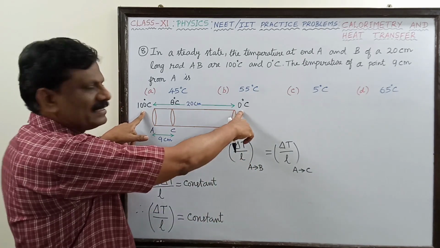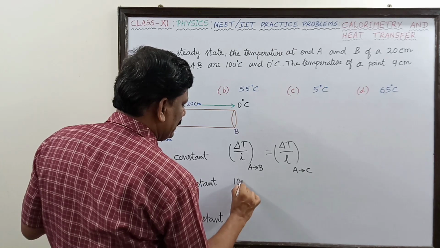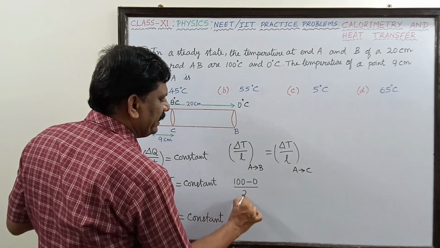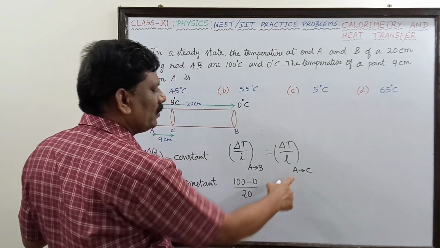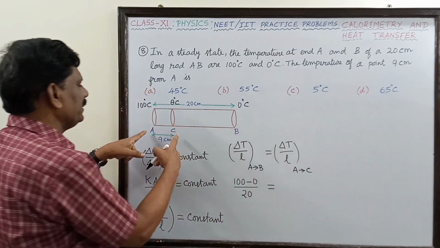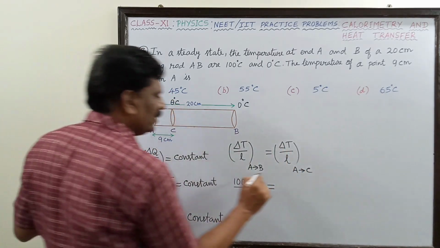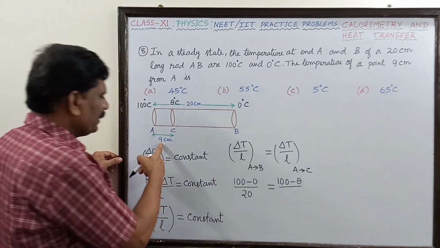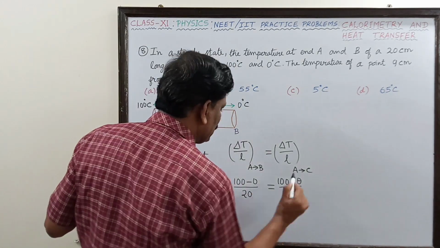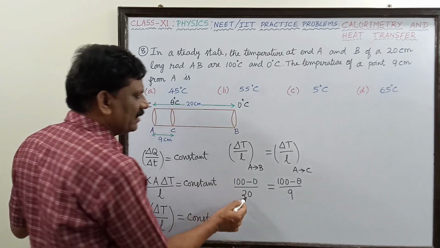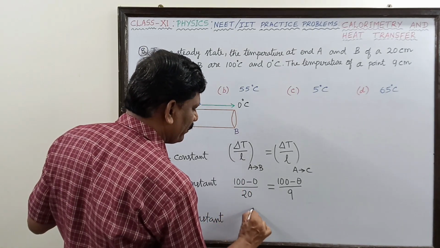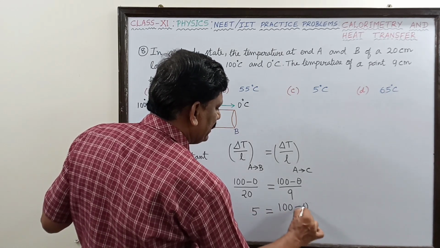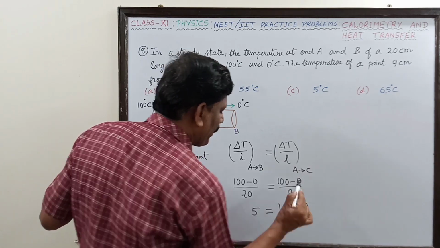So it is 100 minus 0 divided by the corresponding length, 20 centimeter, and this must be equal to the difference in temperature between A and C, which is 100 minus theta, divided by the length AC, which is 9 centimeter. So 100 minus 0 is 100, 100 by 20 is 5.